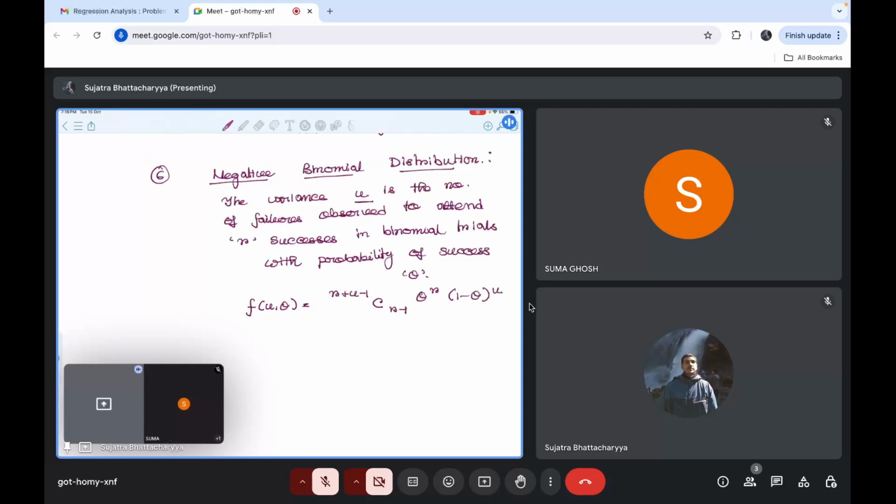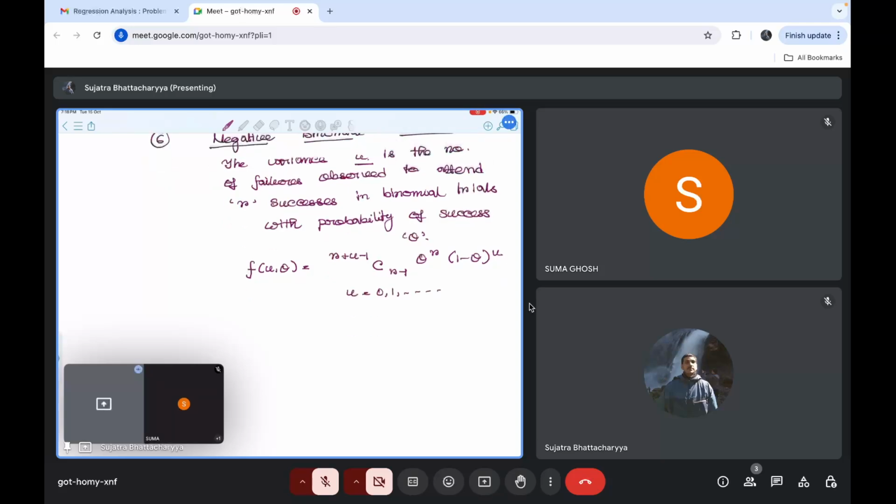Again, u is the random variable, which is the number of failures observed to attain r successes. Quite similar to the binomial distribution, but the definition is somewhat different. Here u is 0, 1, and so on. Can we therefore write this in terms of exponential? So let's see. Let's look at the first term: log of r plus u minus 1 choose r minus 1.